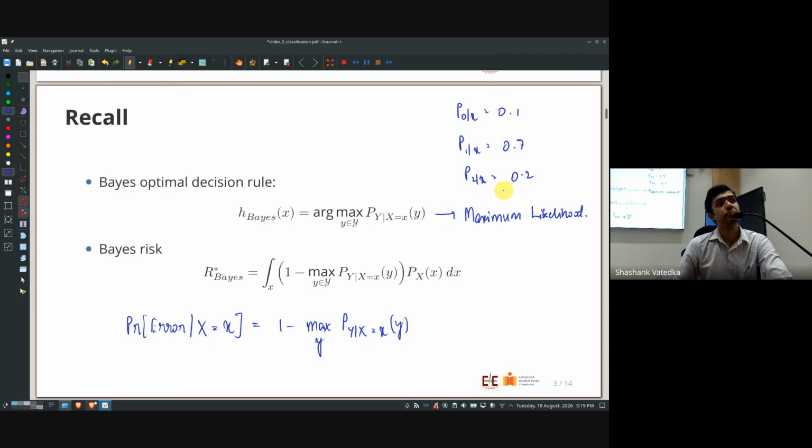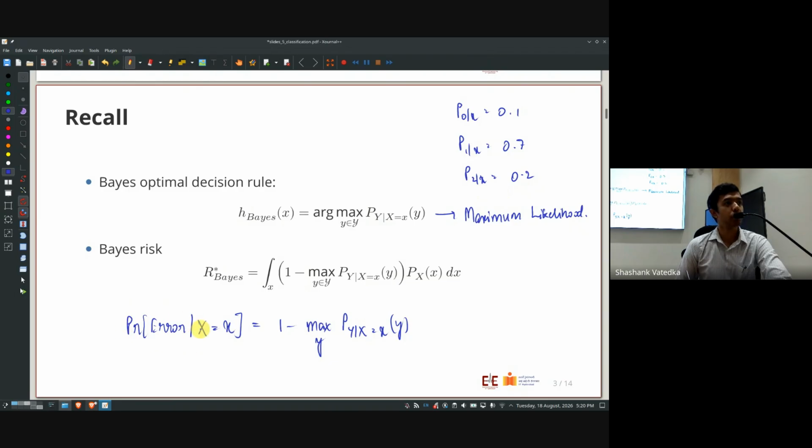Shouldn't it be something like 1 minus the sum of the probability of y equal to 1? Correct. But here we are saying no, it's not the prior. It is conditioned on this event that x is equal to little x, because that is what the predictor is seeing. So this is the probability of error given that x is equal to little x.